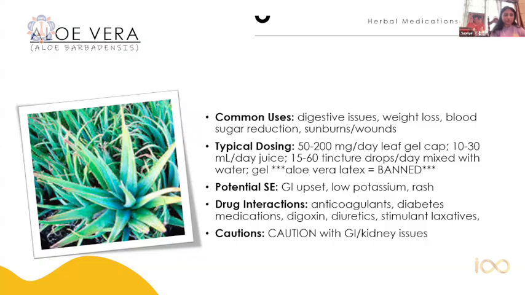Diuretics, which are water pills, you might know them as furosemide, Lasix, or hydrochlorothiazide, may have effects. And also stimulant laxatives, because it can cause more GI motility, so you can have diarrhea and go to the bathroom more. So the biggest caution as far as organs is to be careful if you already have existing stomach issues and kidney issues.